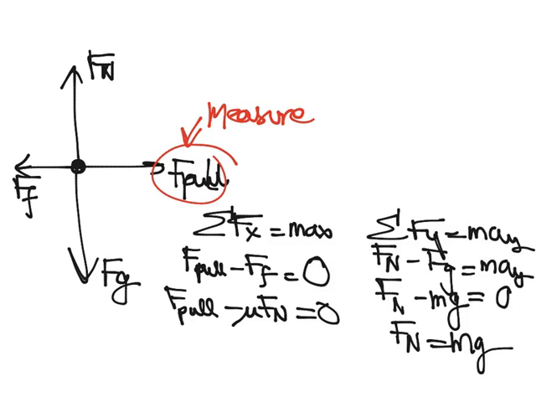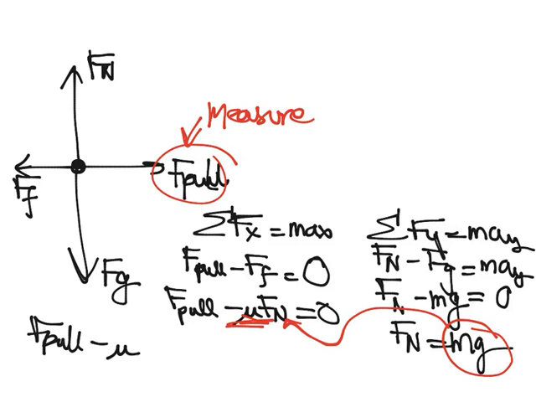Now, I want to solve for this mu, so I can take mg and put it in here for Fn. I have F pull minus mu times mg equals 0. I can bring mu mg to the other side by adding.